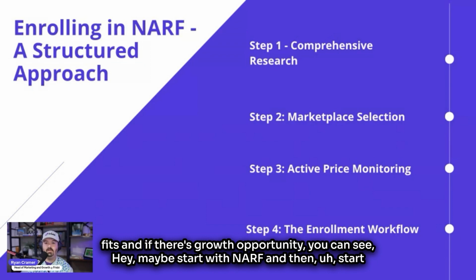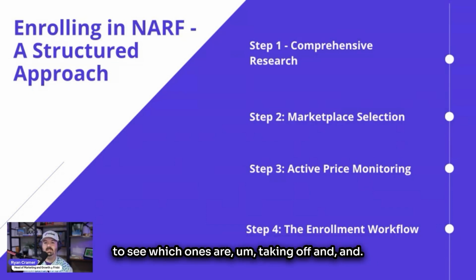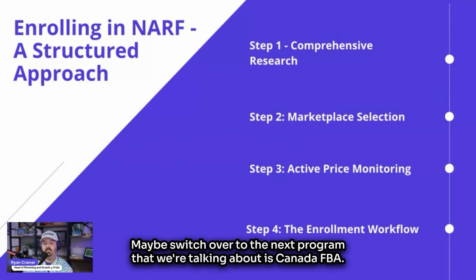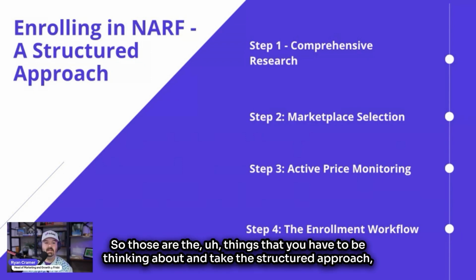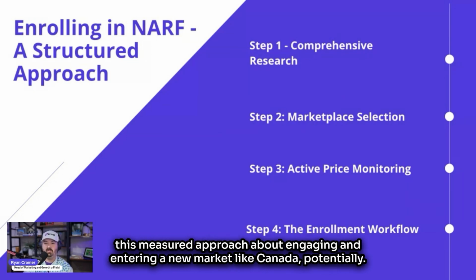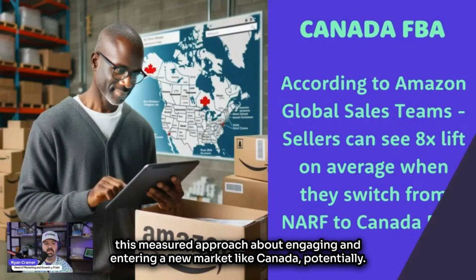And if there's growth opportunity, maybe start with NARF and then see which ones are taking off and maybe switch over to the next program that we're going to talk about. It's Canada FBA. So those are the things that you have to be thinking about, taking this structured, measured approach to engaging and entering a new market like Canada potentially.